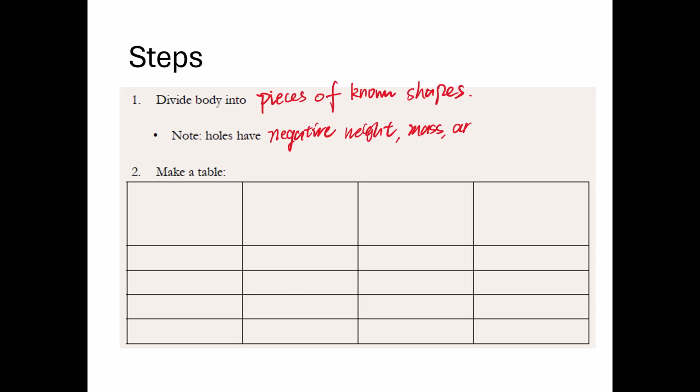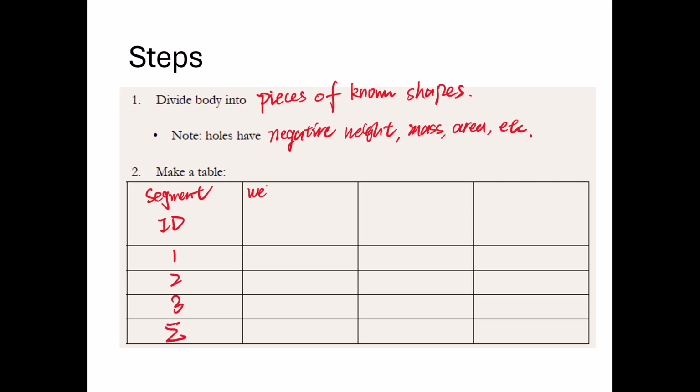And then let's make the table, because we already divided our body into different sections. We definitely need a segment ID: 1, 2, 3. It could have only 2, or it could increase to 4, 5, 6. It depends on how many segments we have. But for the last row, we definitely need to write a summation.